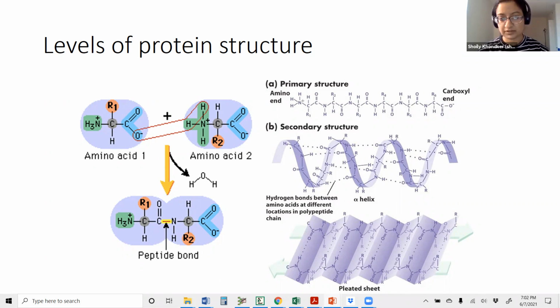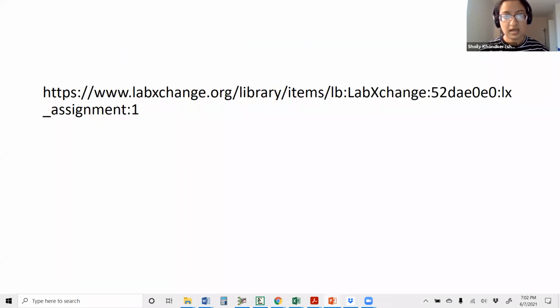There are also higher levels of protein structure called tertiary structure, which is the globular protein structure that you've probably seen in papers. And then there's quaternary structure, which only occurs in certain proteins that have multiple subunits. So those are levels of protein structure.